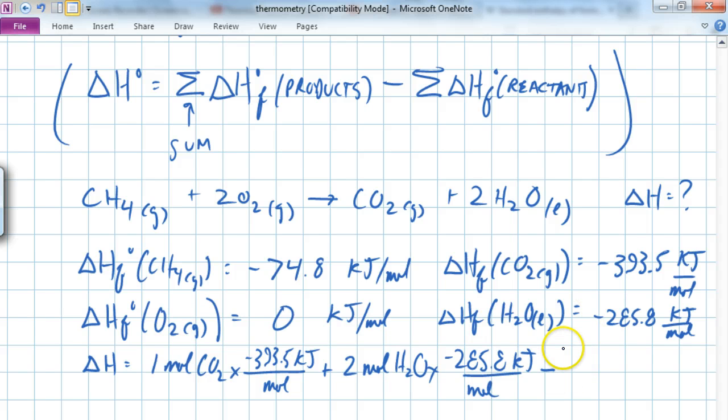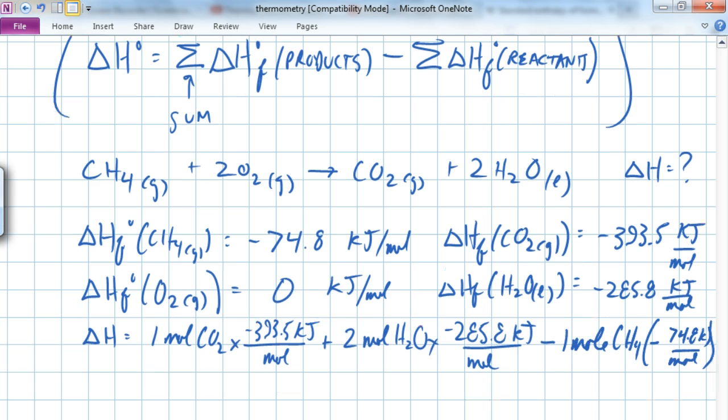Subtract 1 mole of methane times the heat of formation, which is negative 74.8 kilojoules per mole. Be careful with the signs on these. It can get really pretty tricky.